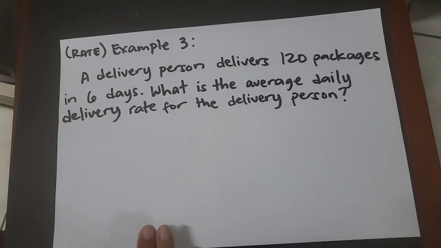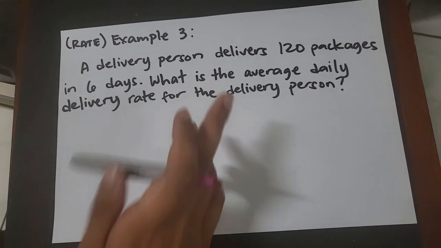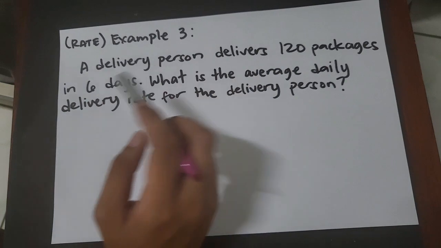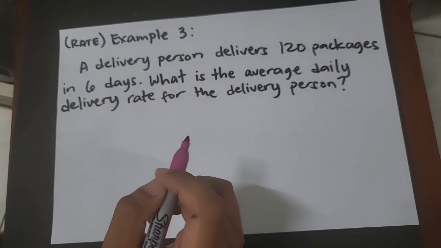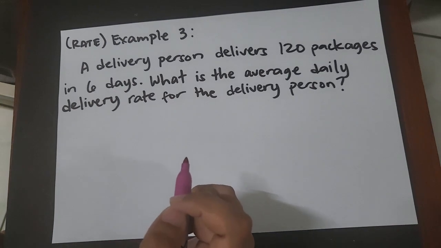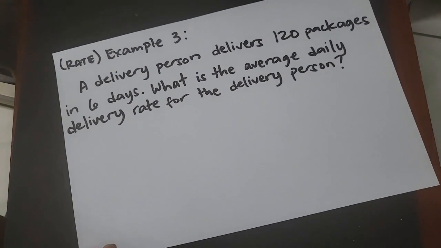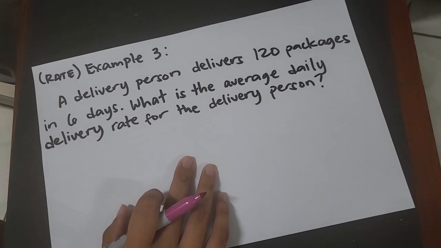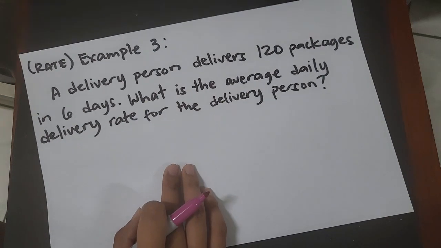And here we are at the last example for rate. A delivery person delivers 120 packages in 6 days. What is the average daily delivery rate for the delivery person? So, likewise, to find the average daily delivery rate, you need to calculate the total number of packages delivered per day.